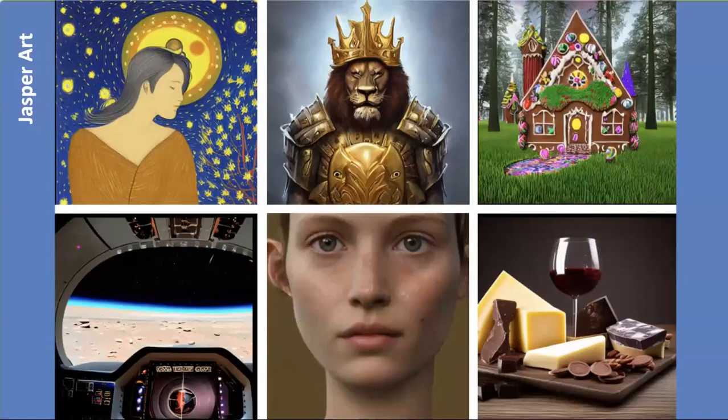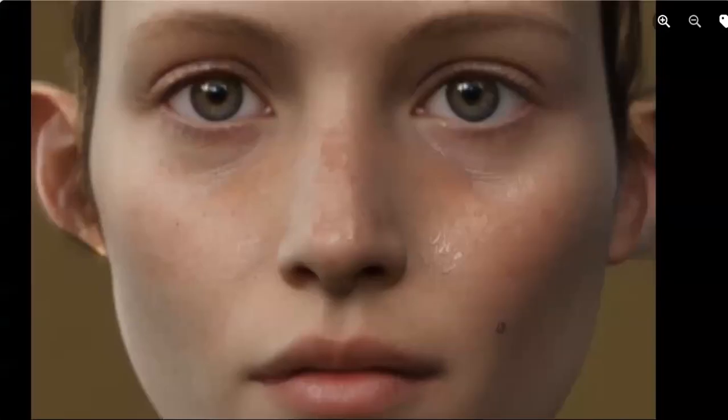All right, so then I moved on to Jasper Art. Jasper Art is Jasper Creative, the AI writing tool. They also have an art tool, so it's part of that. And these are better, right? Much crisper, obviously advanced, but still some kind of weird stuff. Look at that girl right there.